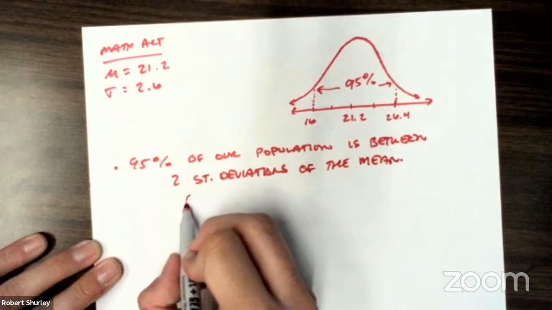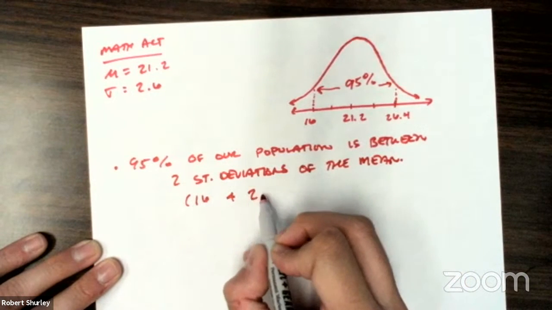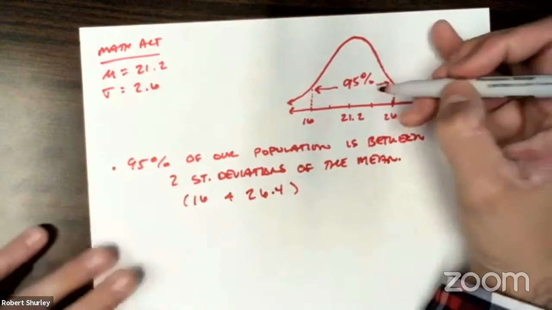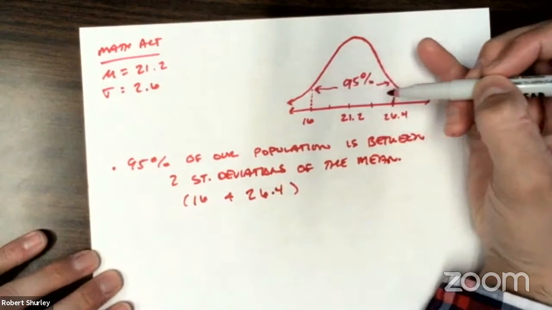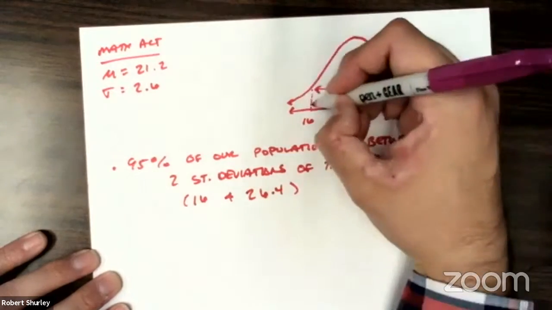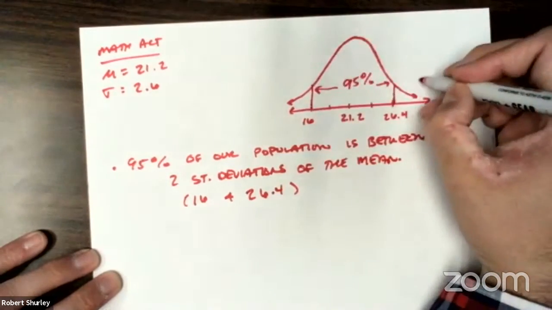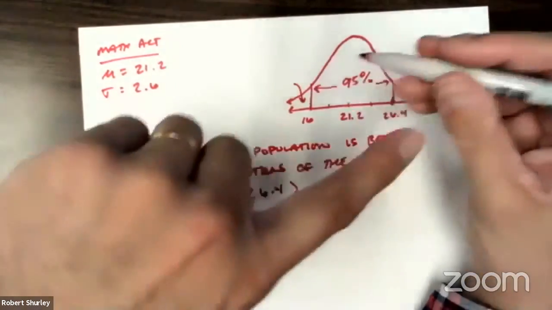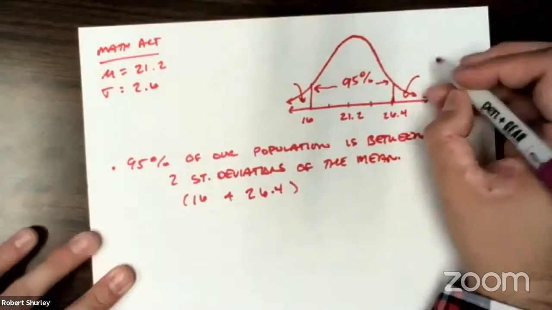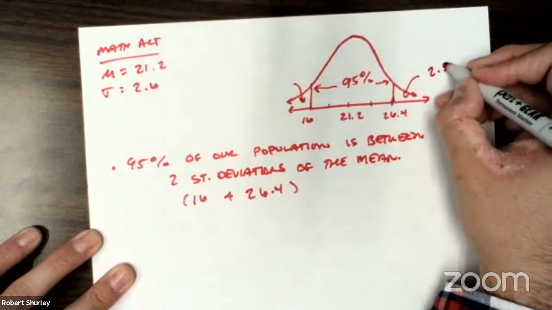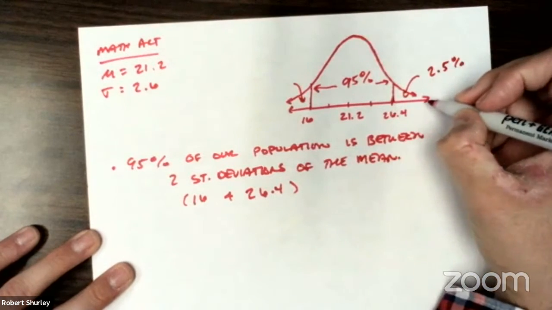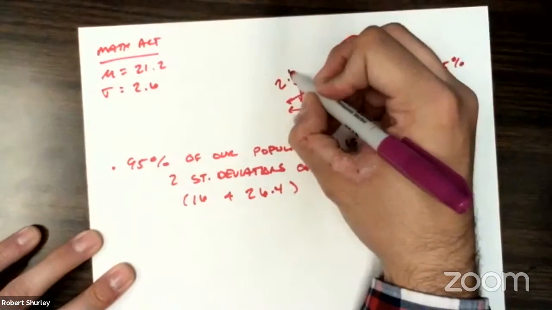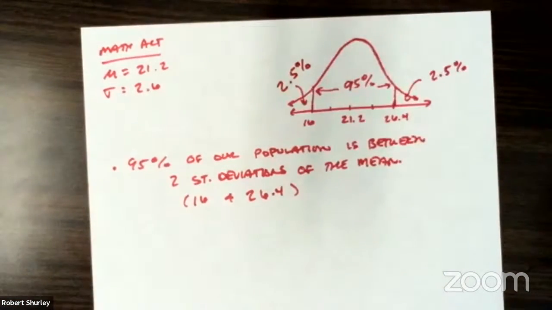So for us, that's 16 and 26.4. Now think about this though. If 95% is between these two numbers, then the tails only get 5%, but you have to split them evenly because it's symmetric. So 2.5% would be above 26.4, and 2.5% is below 16.